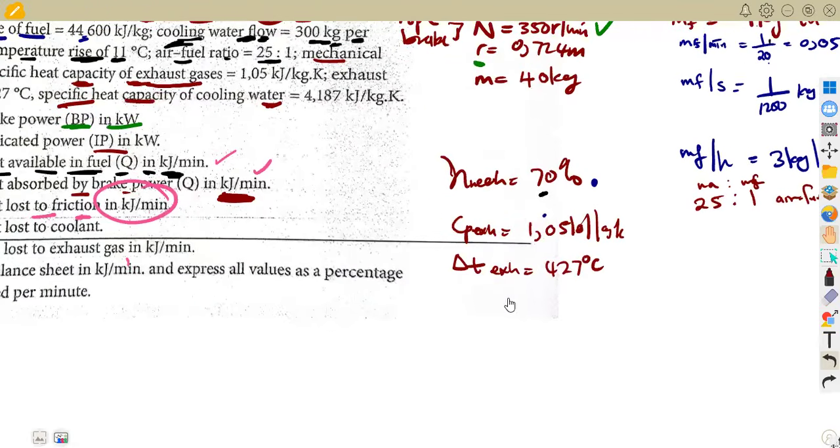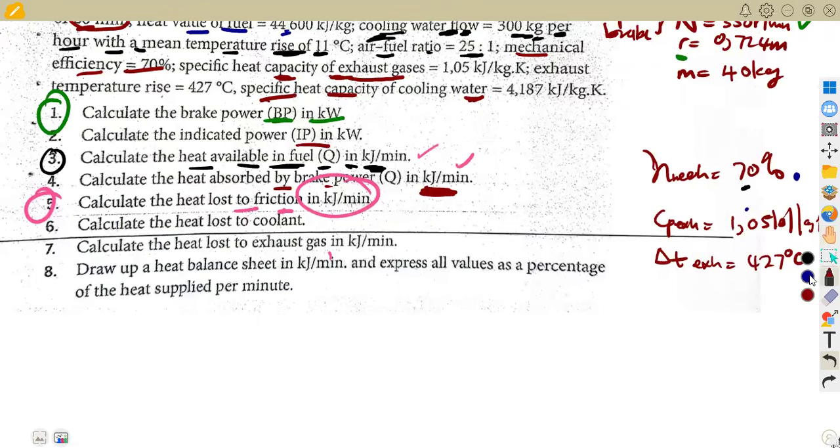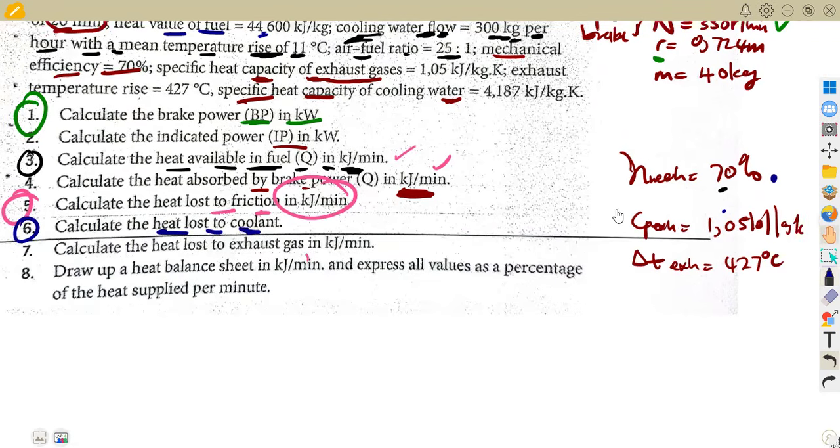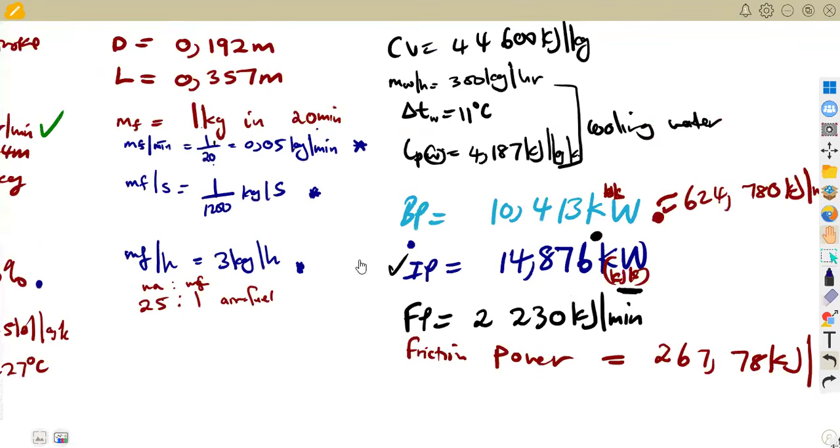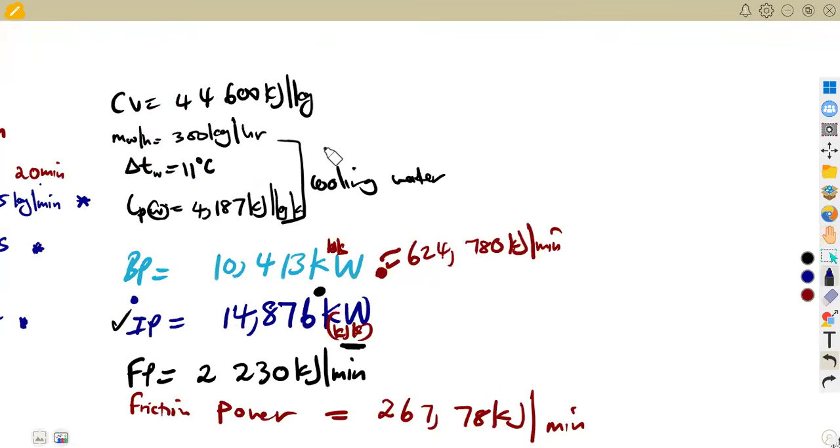So when it is like this, it's going to be an advantage when you are answering the last question. Question 6: calculate the heat lost to the coolant. On the coolant, what is it that we have? This is our coolant here. We have the change in temperature for water and the specific heat capacity of water.